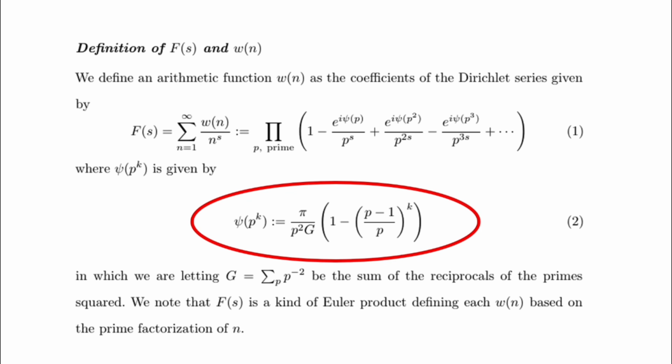For each positive integer n, we're going to take each of the terms, p to the k, from its prime factorization and put them into the function psi. Psi takes the whole value, p to the k, as the input. If it helps you, you can think of that as a function of two variables, separately on p and k. It works either way.